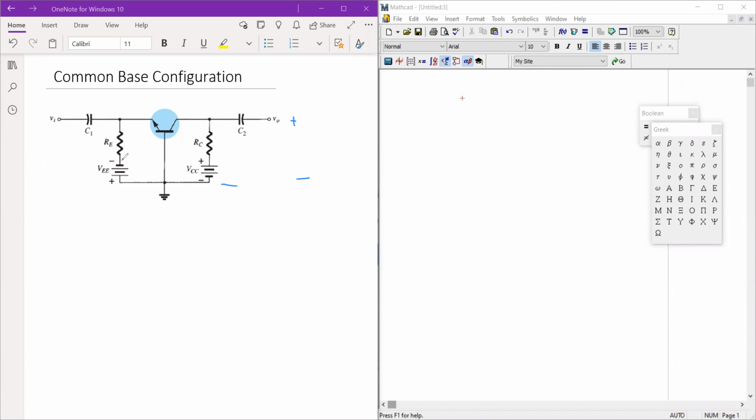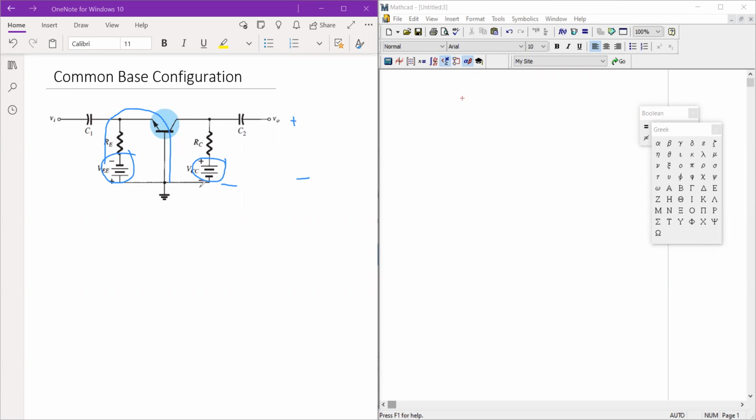And for this configuration, we have R sub E and R sub C. You can also notice that we have two supply voltages. We have VCC, and the other one is VEE. For the base emitter junction, the same with emitter follower, we have a negative supply voltage here to force our base emitter junction to be forward biased.